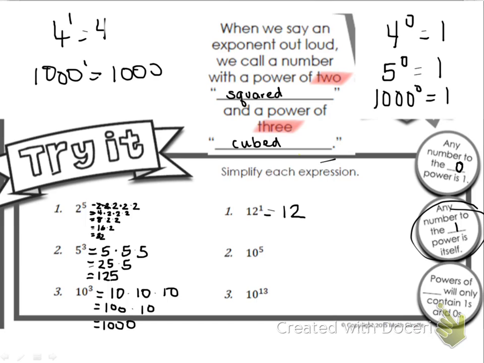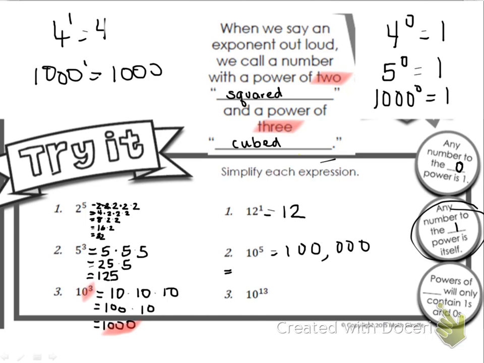Now, let's look at this 10 to the power of 3 and see if we can see a pattern that will help us. We have 3 zeros here, and we have this to the power of 3. I wonder if we can apply that with other ones. 10 to the power of 5 would be a 1 with 5 zeros. Let's check it and see if it's right.